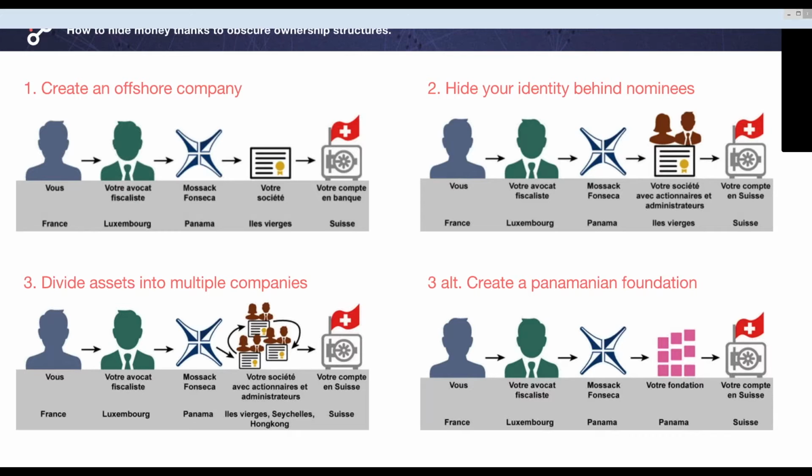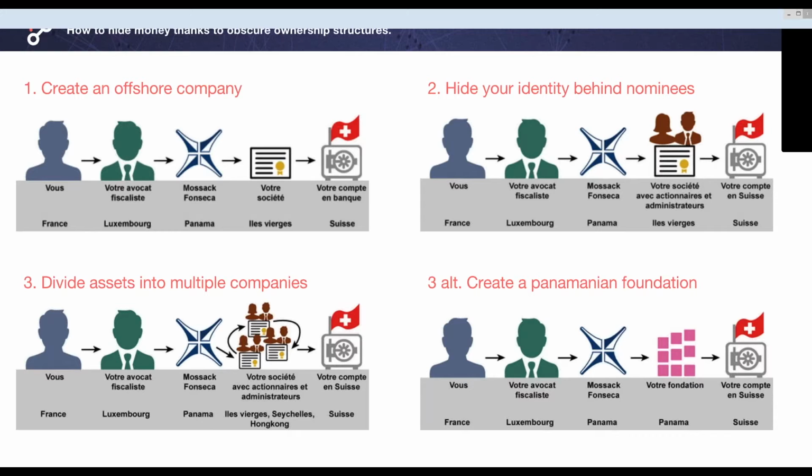An alternative is to create a Panamanian foundation, which is something that some of the Mossack Fonseca customers use to obfuscate their names and their identities. So this is a quick guide on how to hide money.